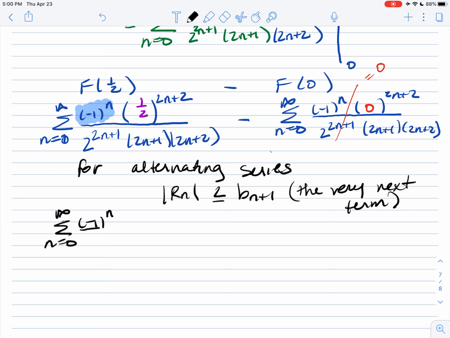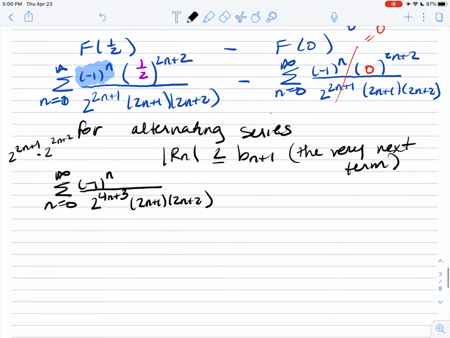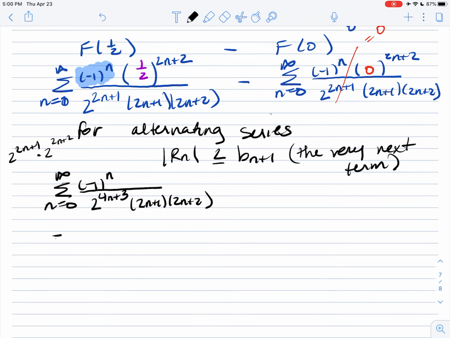The sum from n equals 0 to infinity of minus 1 to the n over, we've got 2 to the 2n plus 1 times 2 to the 2n plus 2. So that's going to be 2 to the 4n plus 3, over 2n plus 1 times 2n plus 2.